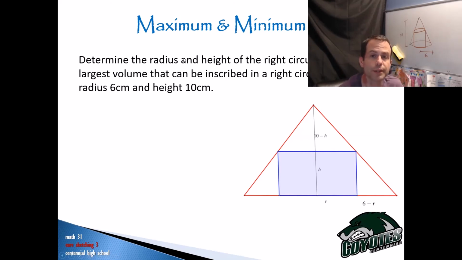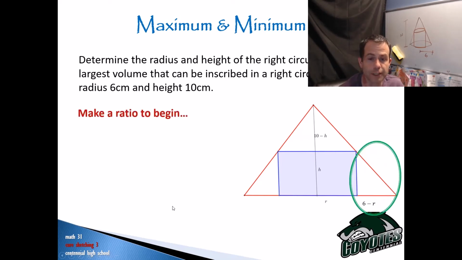And what I'm going to do with that is start by making a ratio. And the ratio involves these two triangles right here. So I'm going to take a look at this, h over 6 minus r equals 10 over 6, essentially.